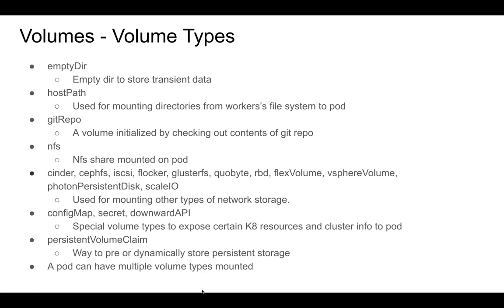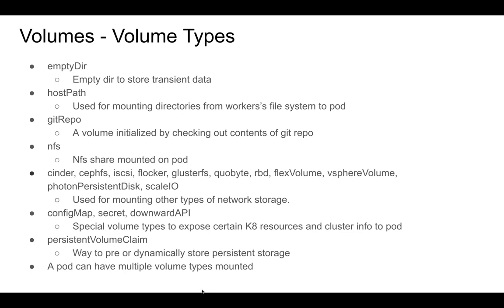Something similar. gitRepo is a volume initialized by checking out the contents of a Git repository. You can have a Git repository attached as a volume, and whatever content is in the Git repo will become available in the volume. This gitRepo is deprecated now. It was a first class citizen earlier, but now it's deprecated.